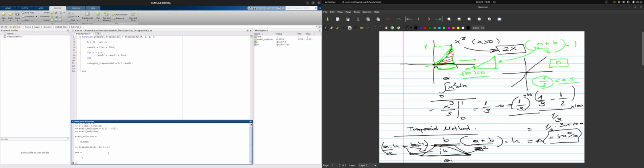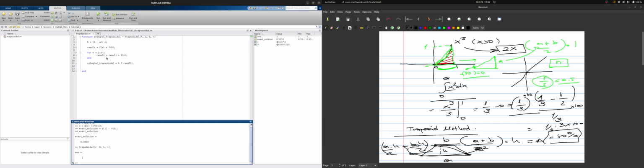So I have probably made a mistake somewhere. In the first step we should get something like 1 over 2, but we got 1. Okay, in this case we sent n as 1, so h was 1, and f_a plus f_b was 1.